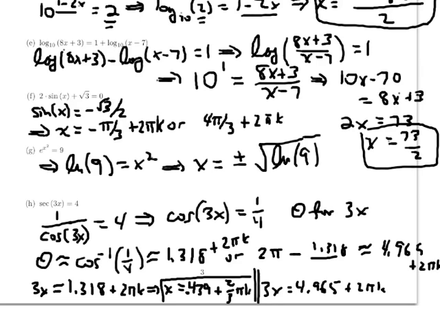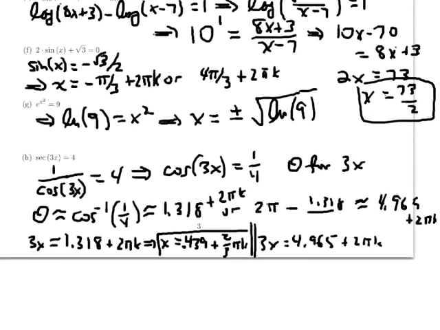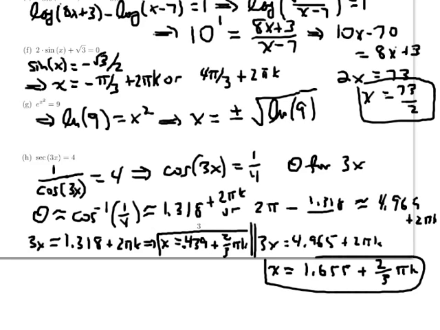And then I have to do the same thing for this other one. I don't think I have room to do it, but I'll squeeze it in down here. The x here will be approximately a third of 4.965, which is about 1.655 plus 2/3 pi k. So we'll make sure we divide everything in the equation by 3 to get our solution for x.